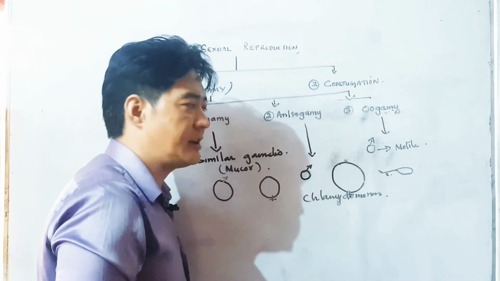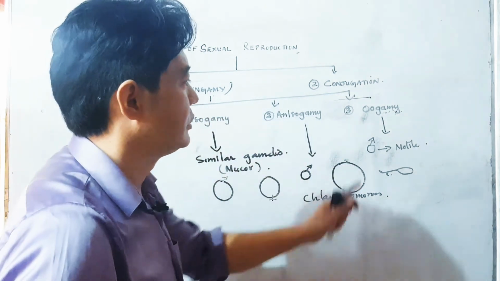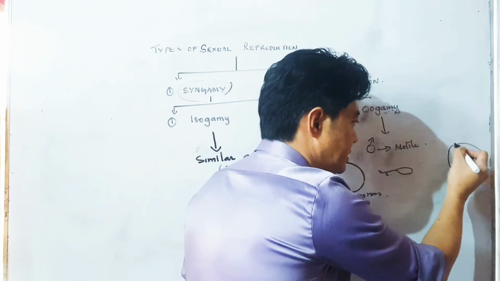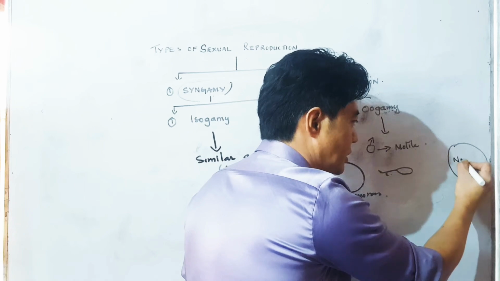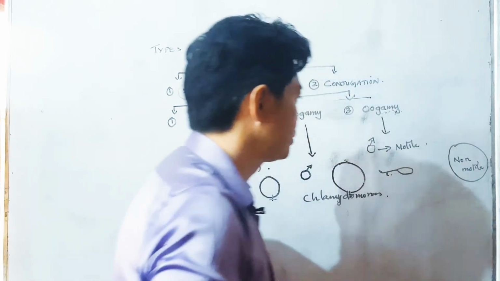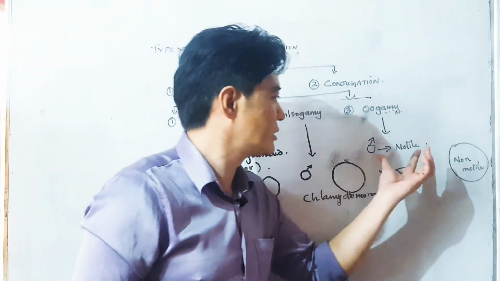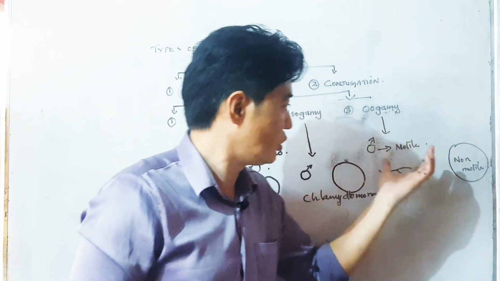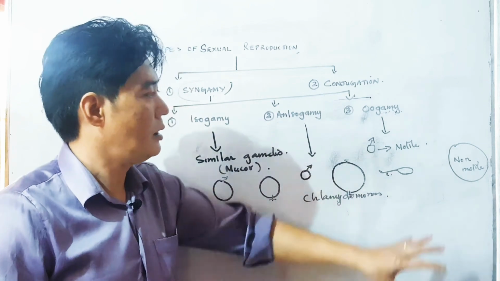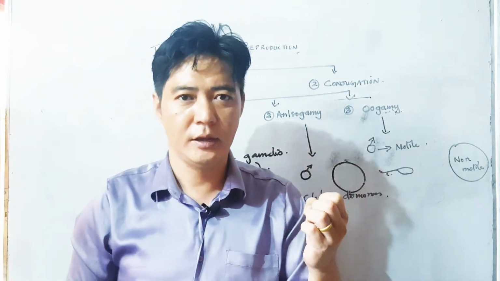With the help of flagella, they can swim or they can locomote. And the female gametes, ovum, that is usually larger in size. Number one, they are non-motile. Non-motile means they cannot locomote. So, if the fusion of gametes, that is male gametes generally motile and female gametes non-motile, occurs, such type of syngamy is known as oogamy.